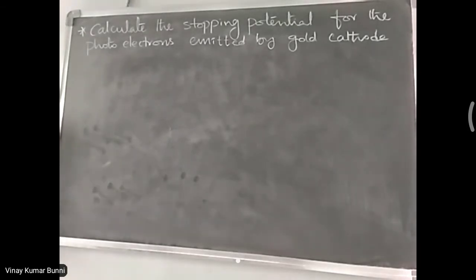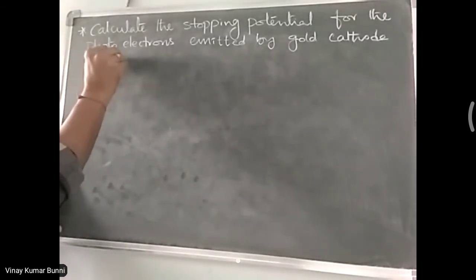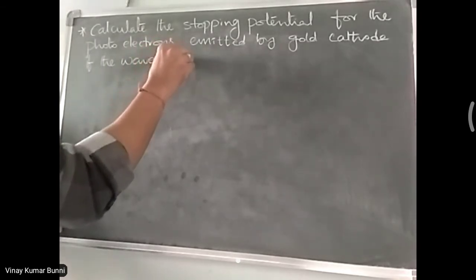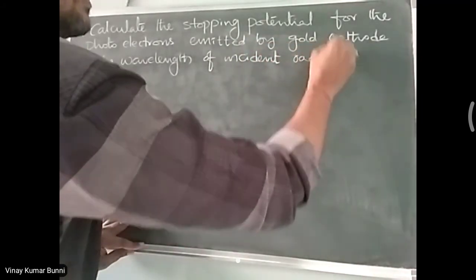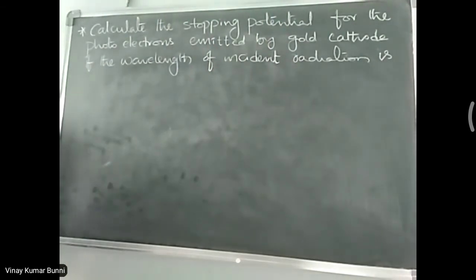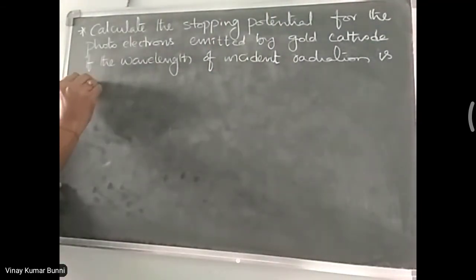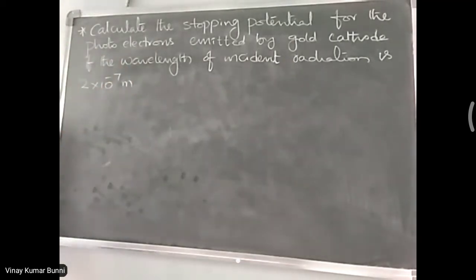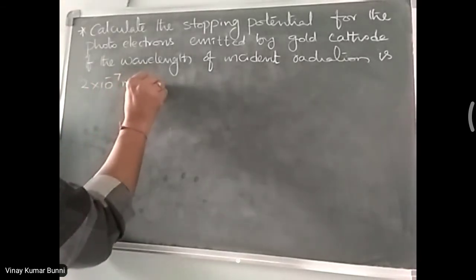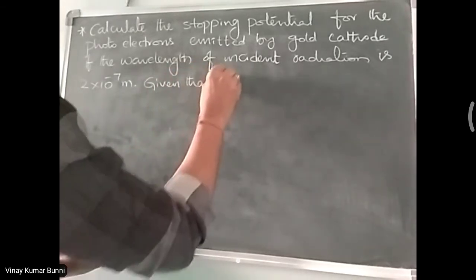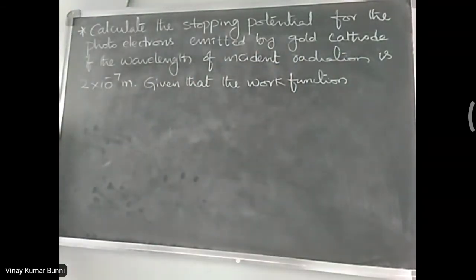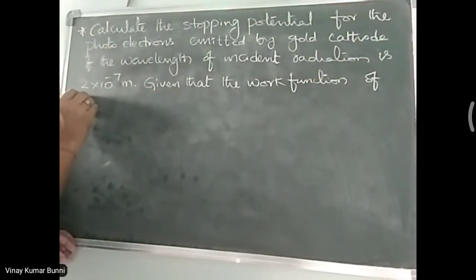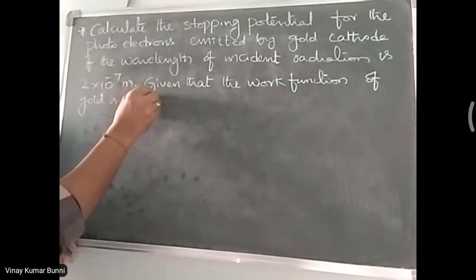If the wavelength of the incident radiation is 2 into 10 power minus 7 meters, and it is given that the work function of gold is 4.84 electron volts.